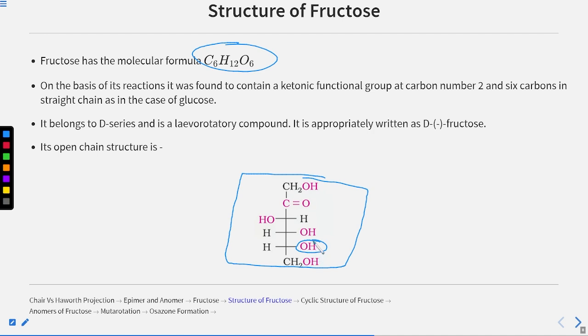And it is levorotatory, which means that it rotates the plane polarized light, the PPL, to the left. And it contains a ketonic functional group at carbon C2 and 6 carbons in a straight chain. So we have 6 carbons, so it is a hexose.